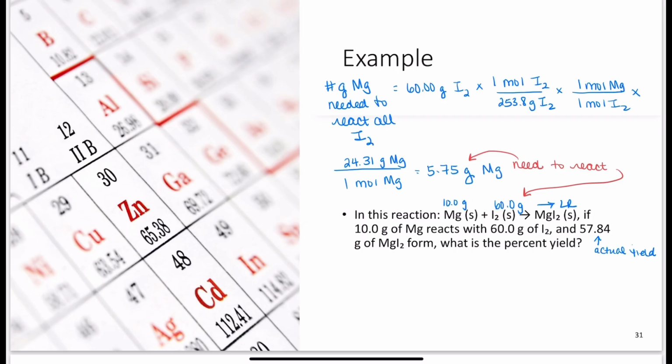Okay, well, let's see, we've got 10 grams here, and 60 grams here.